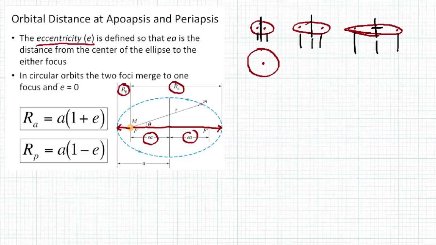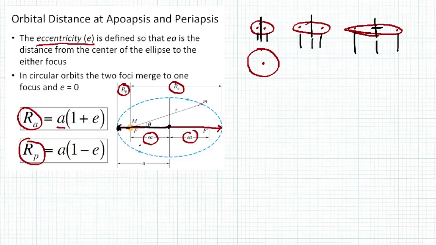So what we care about is the fact that the apoapsis or apogee or aphelion radius is going to be equal to the semimajor axis. Remember what we said that was? That was from the center all the way out to the long end of the ellipse. That's A, our semimajor axis, times 1 plus the eccentricity. Okay, and our perihelion or perigee or periapsis radius is going to be equal to the semimajor axis times 1 minus the eccentricity.